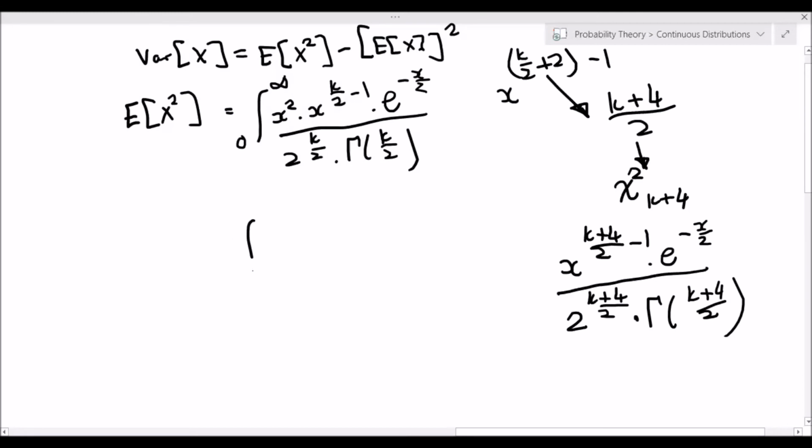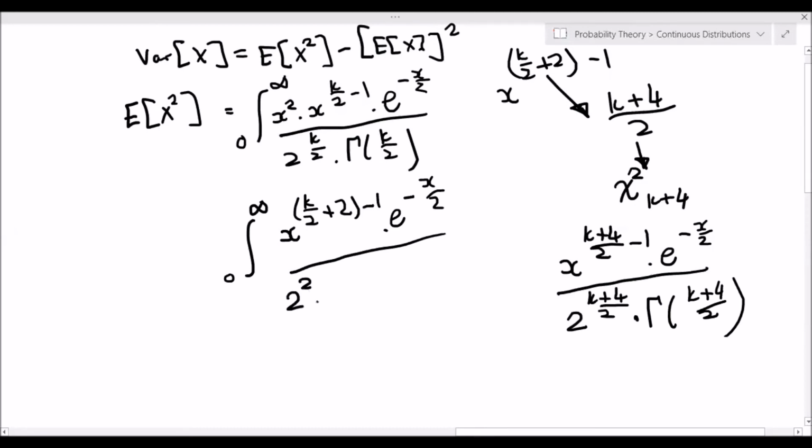So the first thing that we'll do is write our integral again with the simplified numerator. x to the power k/2 plus 2 minus 1 times e to the negative x/2. And in the bottom here, we want to have 2 to the power 2 multiplied by 2 to the power k/2 to get 2 to the power k/2 plus 2.